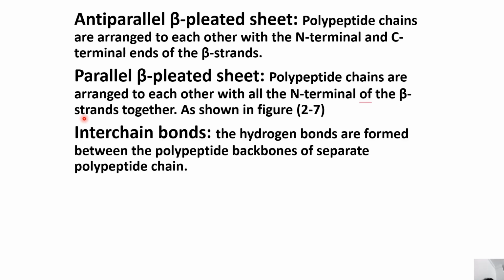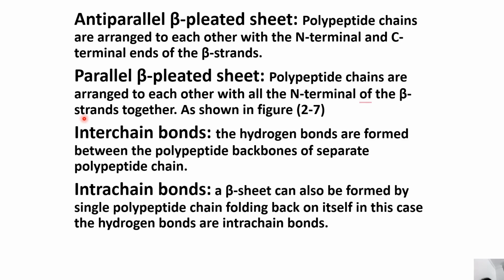The hydrogen bonds are formed between the polypeptide backbones of the separate polypeptide chains. A beta sheet can also be formed by a single polypeptide chain folding back on itself. In this case, the hydrogen bonds are intrachain bonds.